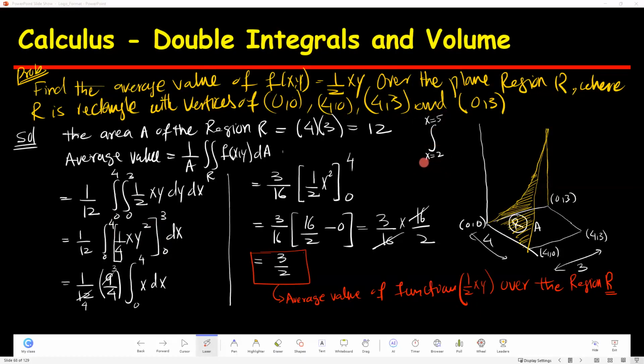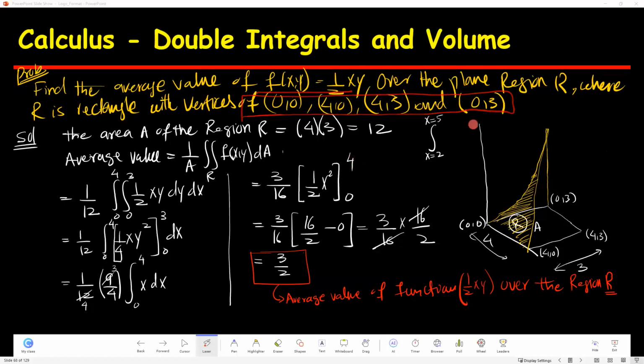Other than that, we have 3 kinds of problems. Number 1 problem, just an integral is given. If you don't have anything else, it's given. The 2nd problem is that you have a function given, right? And you have some words that explain the limits to you. You have to create the limits, like what we did in this problem.